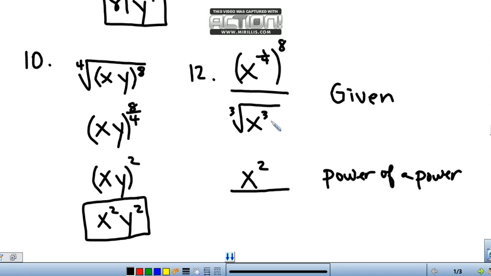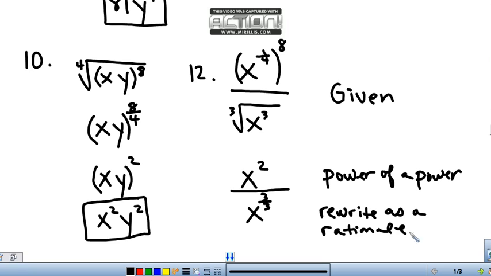Alright, and then this one, what I did was I rewrote this as a rational exponent. So that becomes x to the 3 over 3 power, which is 1. But the justification would be rewrite as a rational exponent.